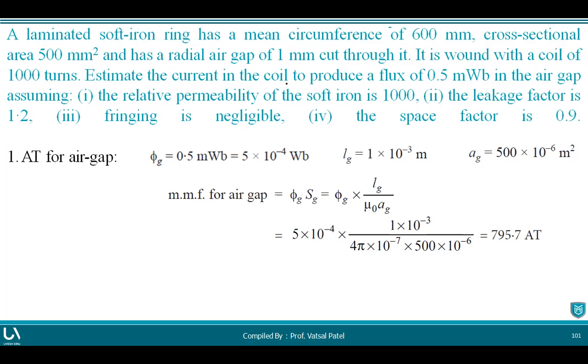The flux produced in the air gap is 0.5 milliweber, that is 0.5 into 10 raised to minus 3, which on rearrangement is 5 into 10 raised to minus 4 Weber. Now the length of the air gap given here is 1 mm, which we convert into meter, so it is 10 raised to minus 3 meter.